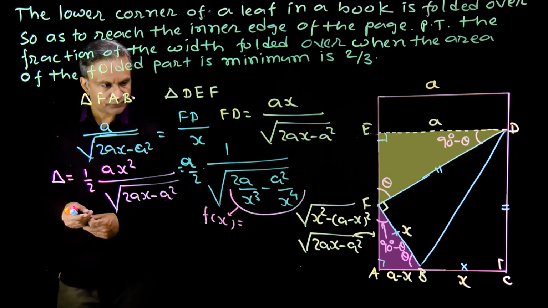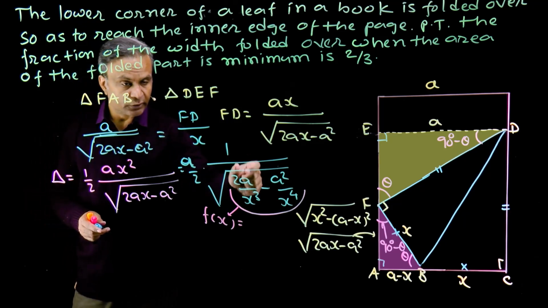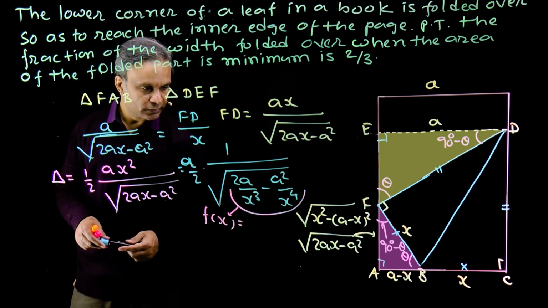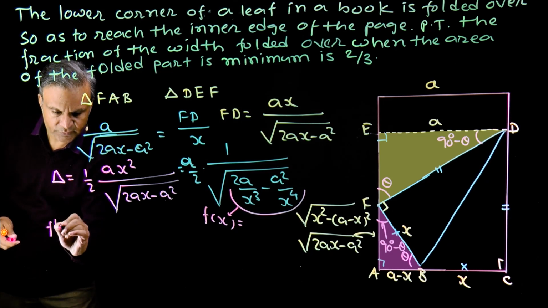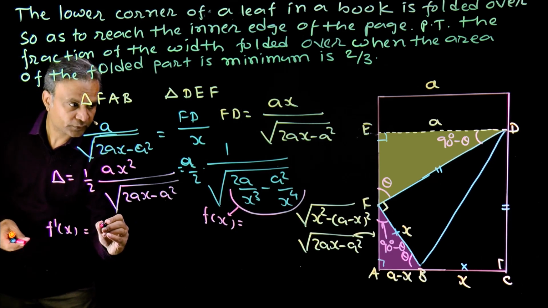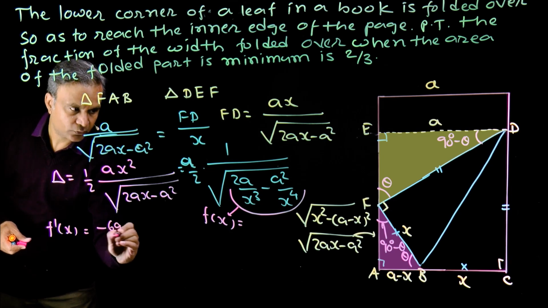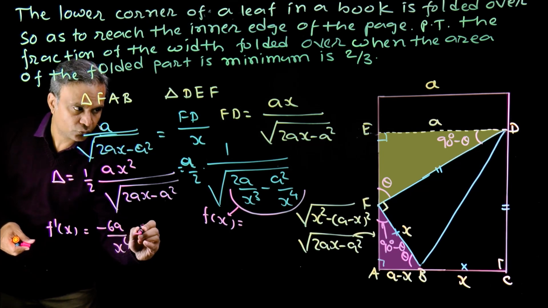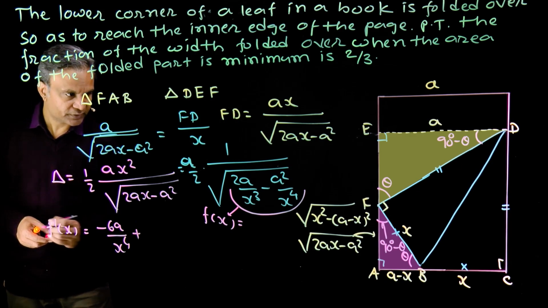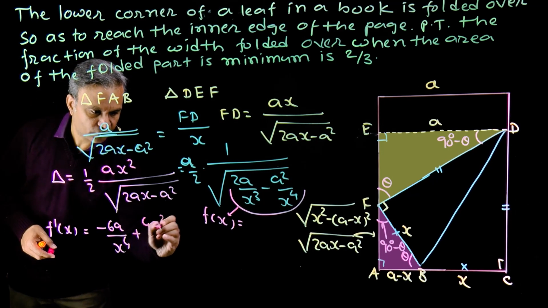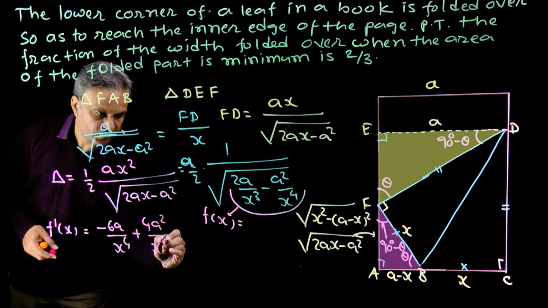For that we differentiate this function, 2a over x cubed minus a squared over x to the power 4. The derivative f dash x will be minus 6a over x to the power 4 plus 4a squared over x to the power 5.